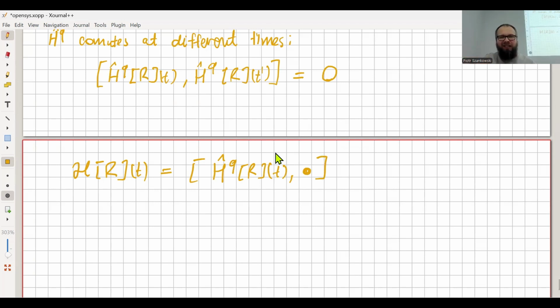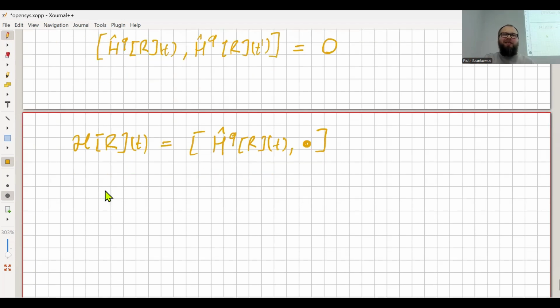So this will be the generator for our stochastic map. But it also commutes at different times, which, let me add Q just to distinguish it, we can straightforwardly check. So let's take the composition in one sequence.